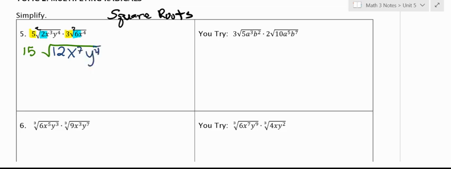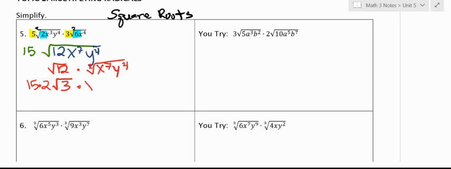And then I'm going to go ahead and simplify. So we might do the values separately. So root 12 times x7, y4. Root 12 is actually going to be 2 radical 3 because the perfect square in there is 4. And then for this one, again, it's a little index of 2.